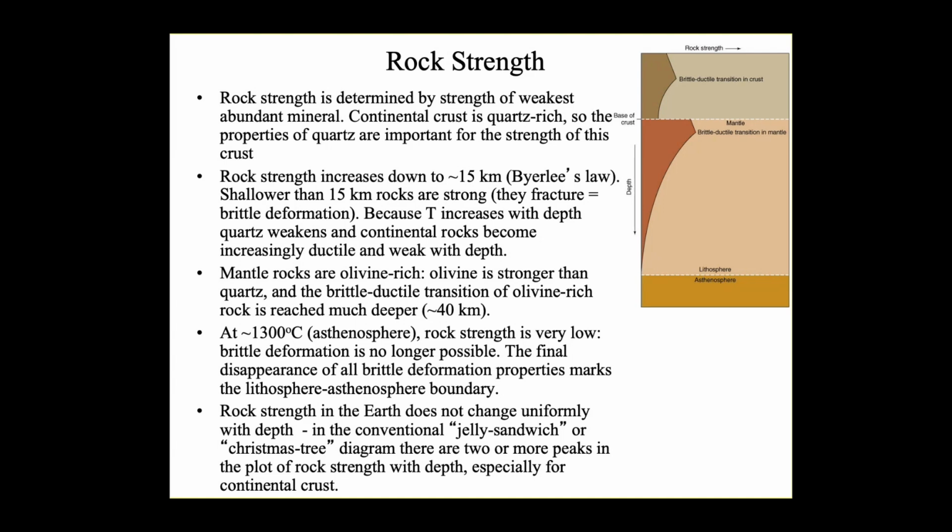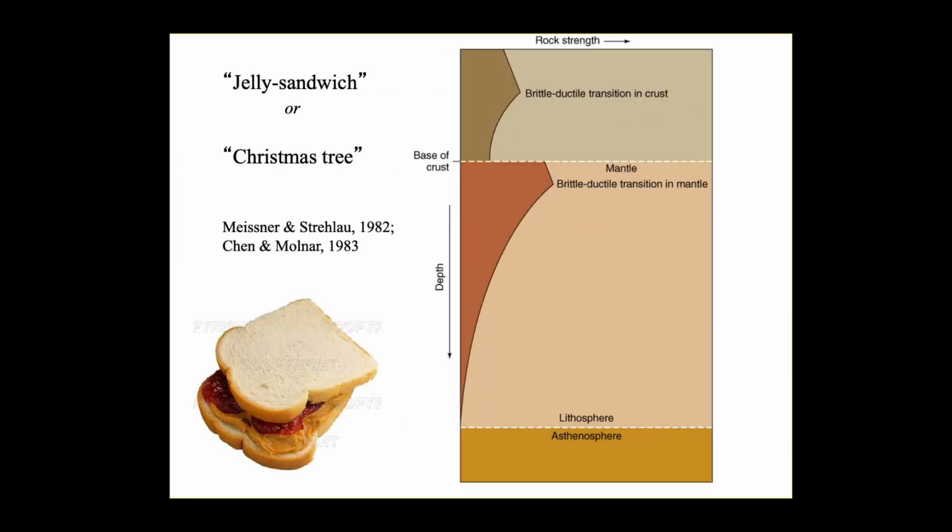Now, what we're looking at here is a jelly sandwich. And you're going to go, what? That doesn't look like a jelly sandwich to me. But think about it. Strong, weak, strong. Bread is strong. Jelly is weak.